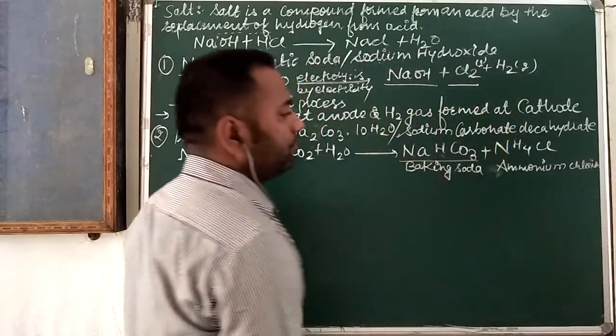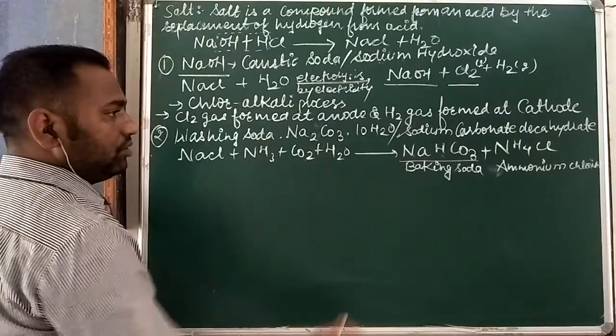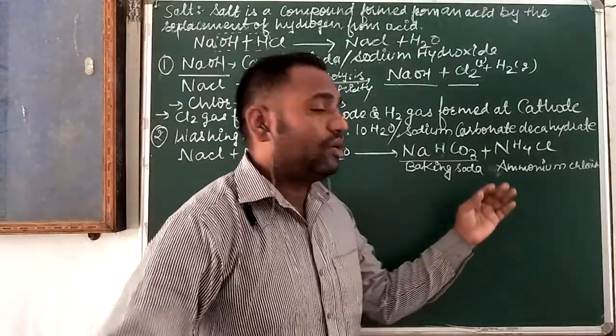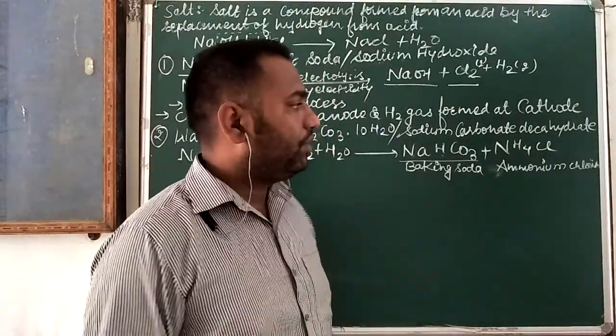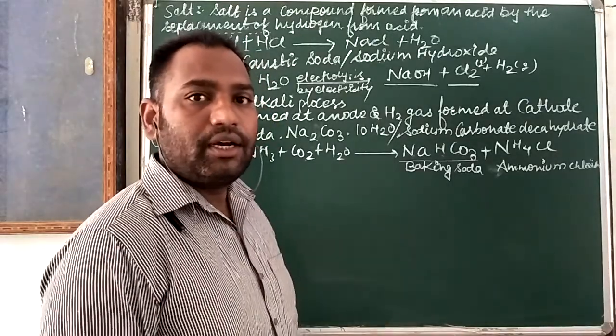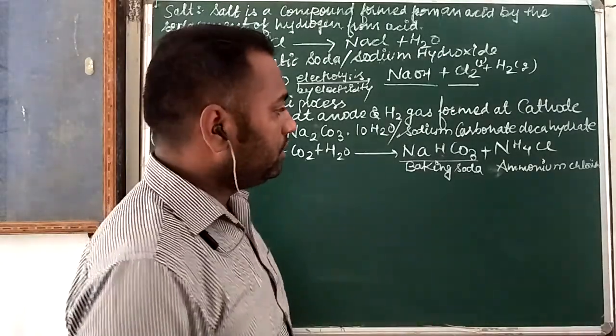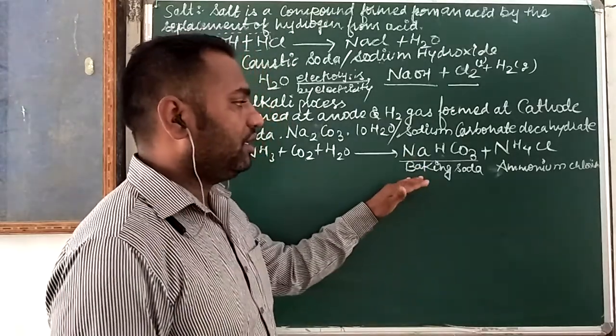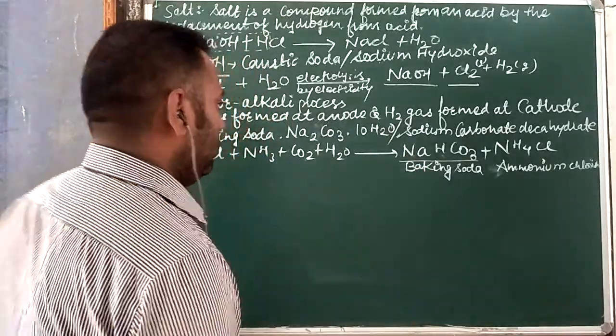Ammonium chloride. Okay. You see ammonium chloride in the sublimation process, where we directly convert solid into gas and gas directly into solid. This is NaHCO3 formation here, that is the baking soda.